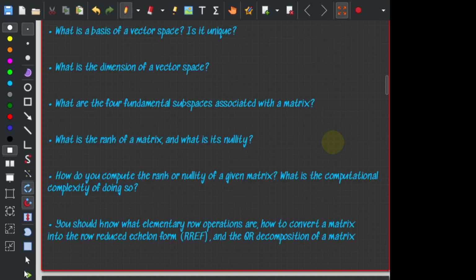And what is the rank of a matrix? The dimension of the column space. What is the dimension of the row space going to be equal to? The same. And what is the nullity?